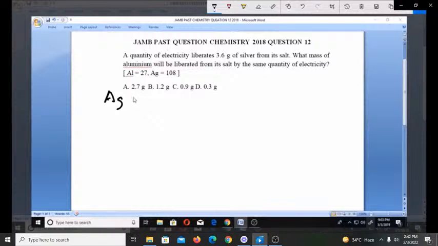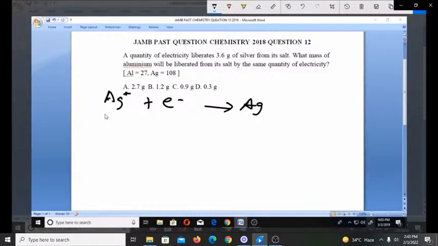We are going to have silver plus, so we are going to have one electron because it's just one valency. Then you have your normal silver. So once there is this, you have the deposition of your silver, just one electron, so 1 mole of electron in this case.